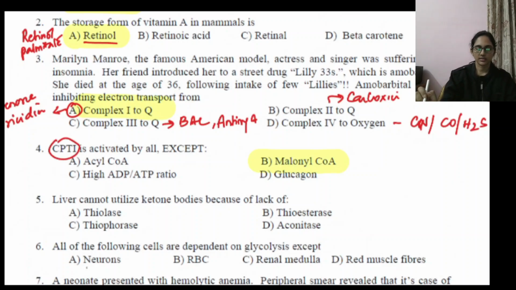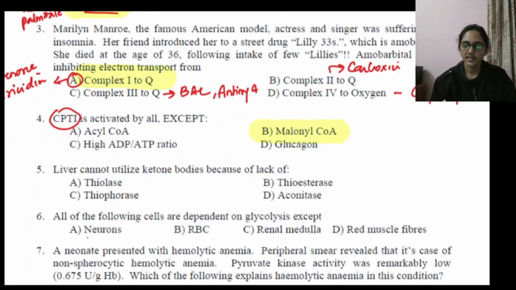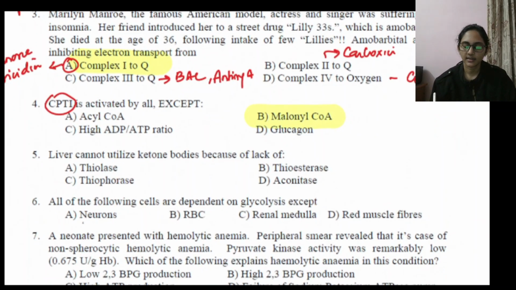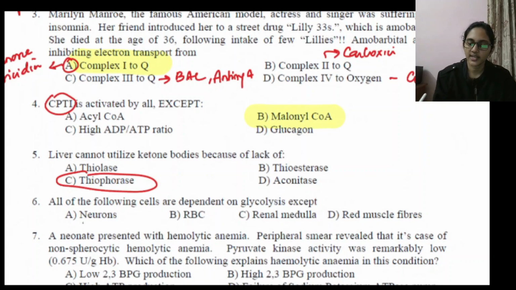So malonyl CoA is an inhibitor of CPT1. The next one: liver cannot utilize ketone bodies because of lack of thiolase, thioesterase, thiophorase. All confusing options are being given. It is thiophorase.